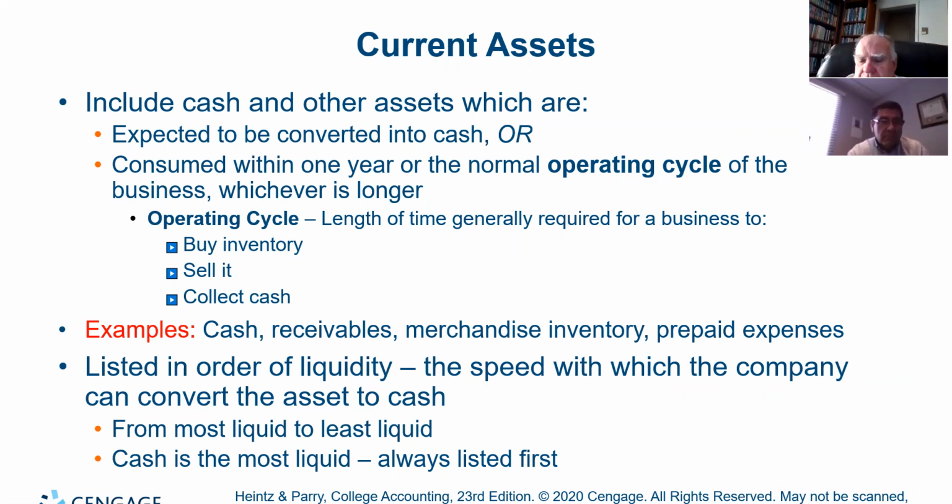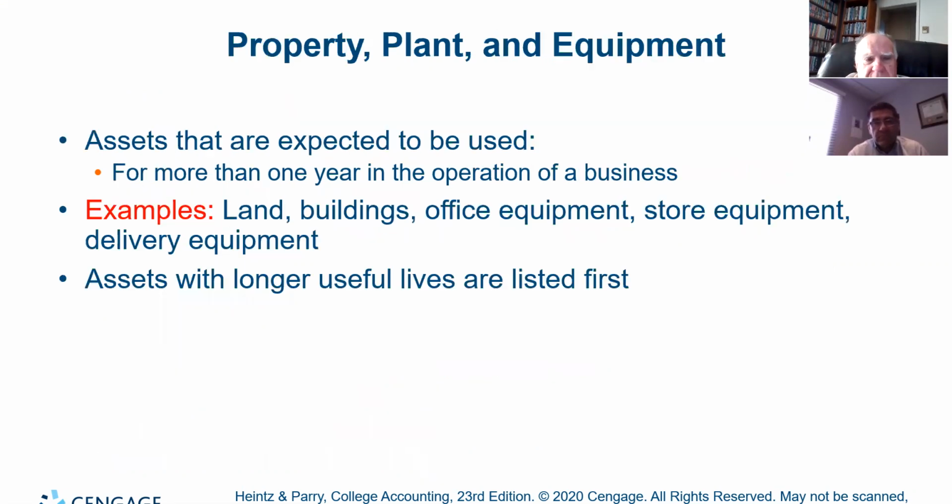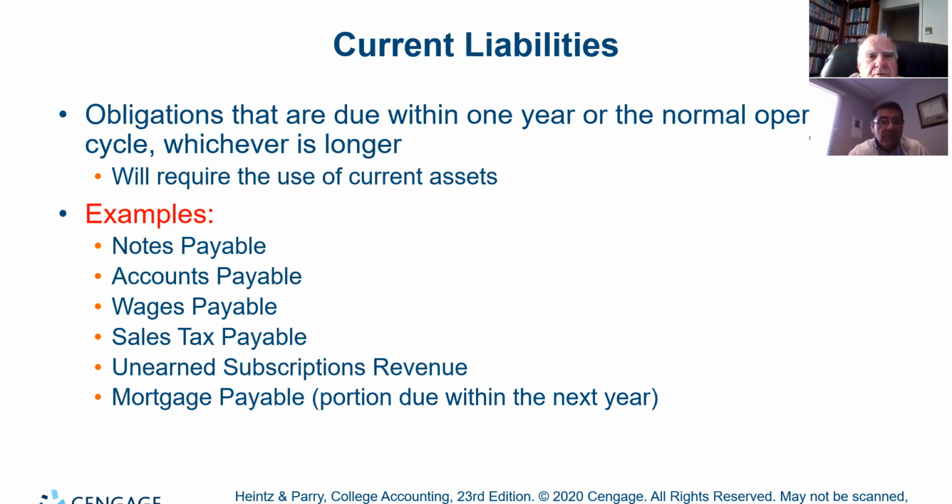Marketable securities would be very liquid if the company owned a short-term note or something. Property, plant, and equipment, assets going to be around for more than a year. Assets with longer useful lives are listed first. I have not seen that before. Again, I don't believe that's necessarily true.